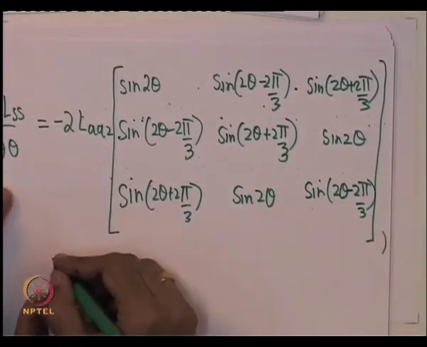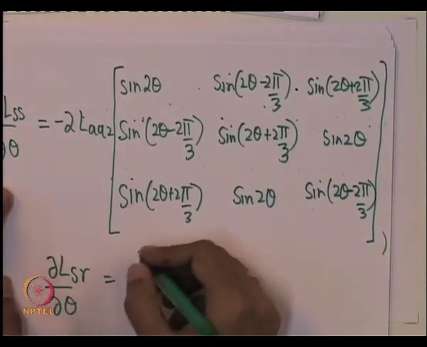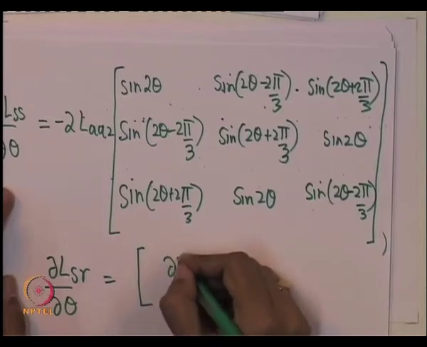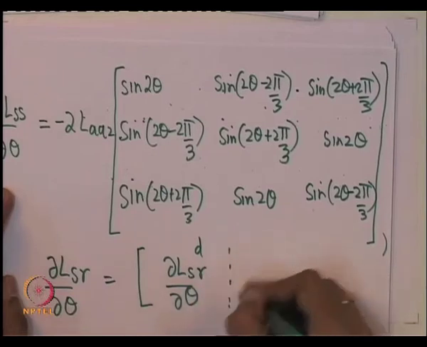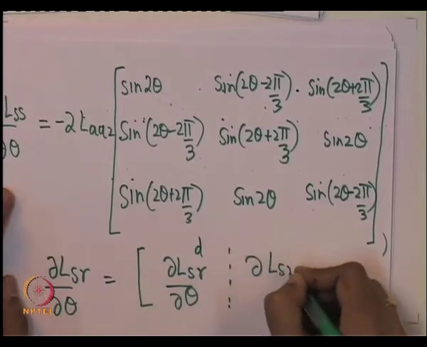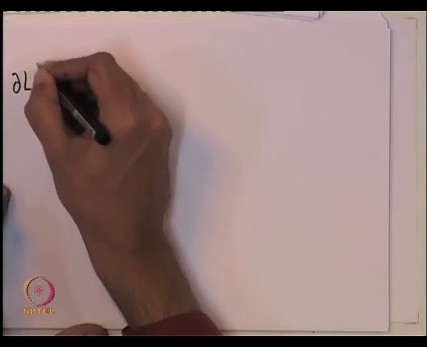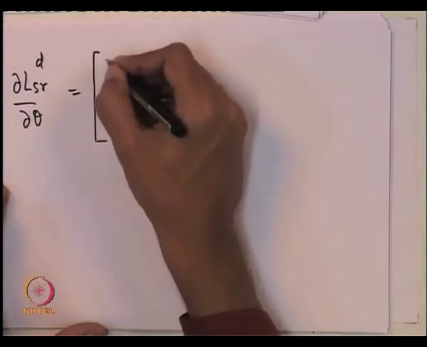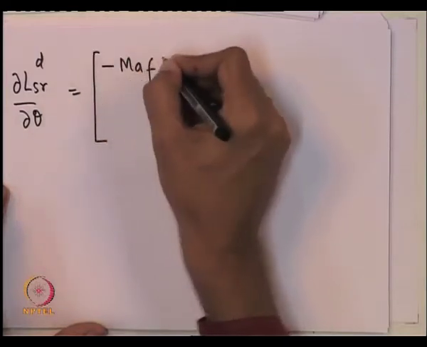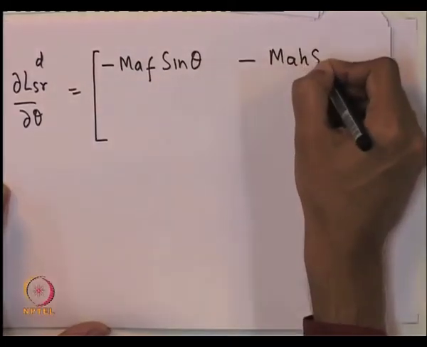Okay. d LSR by d theta will partition into d LSR d by d theta and d LSR q by d theta. So, that turns out to be MAF sin theta minus MAH sin theta.